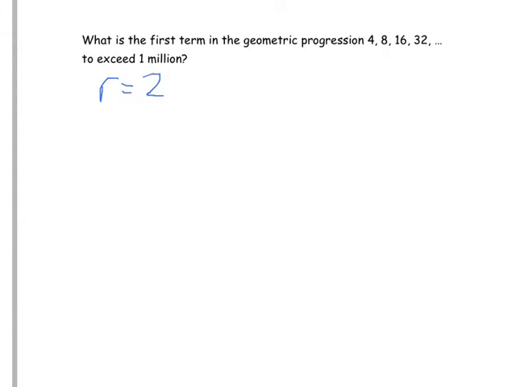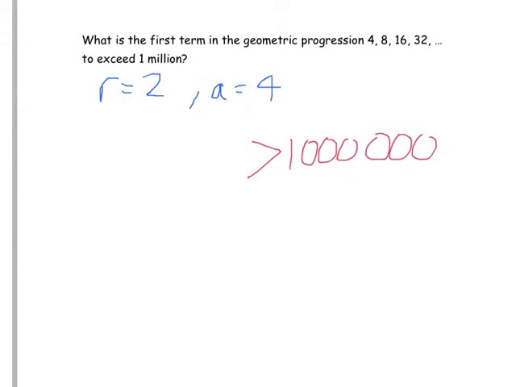Now, we know what the first term is because it is 4, so we want to label that. And remember, we're looking for the first term to exceed 1 million. So we're looking for the first term that is greater than 1 million.